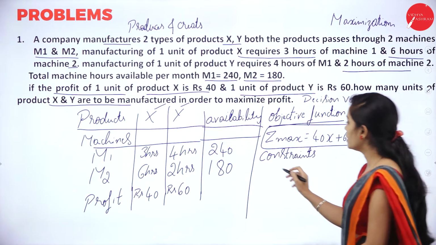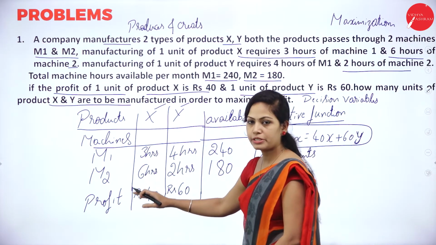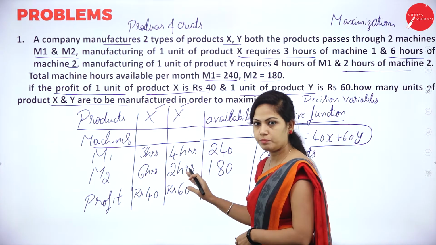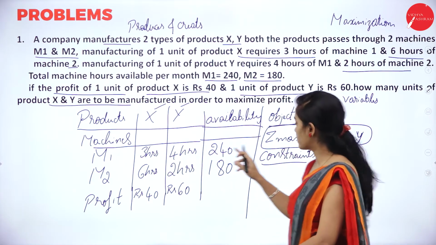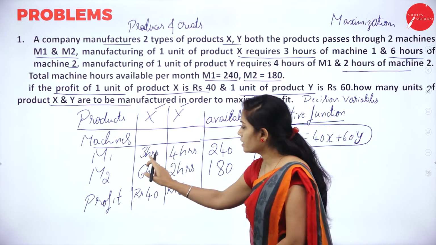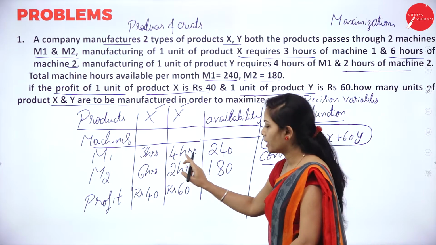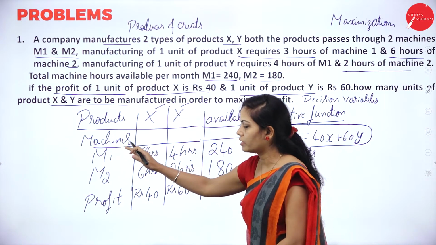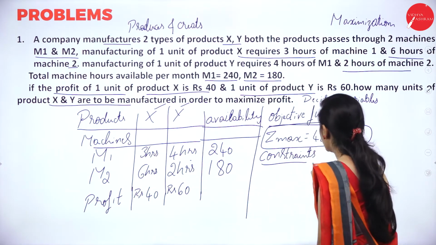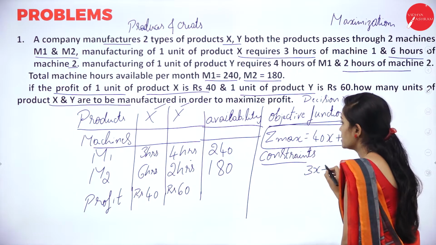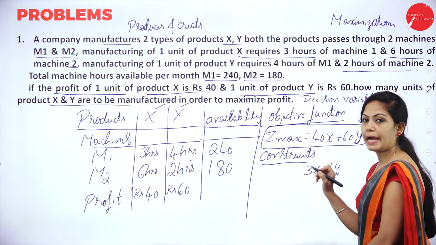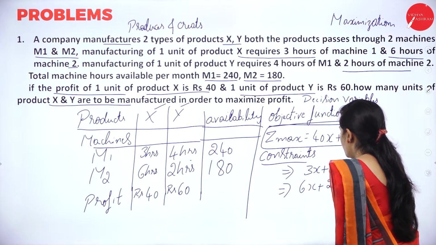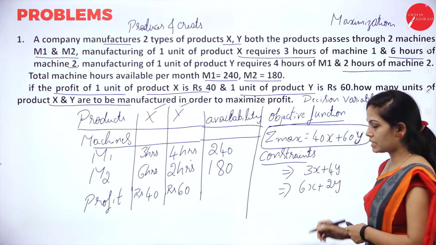So here for machine M1 and machine M2, we have some given values for product X and product Y. The decision variables are considered as X and Y, so I will take 3X plus 4Y and the second one 6X plus 2Y. So these are my constraints.